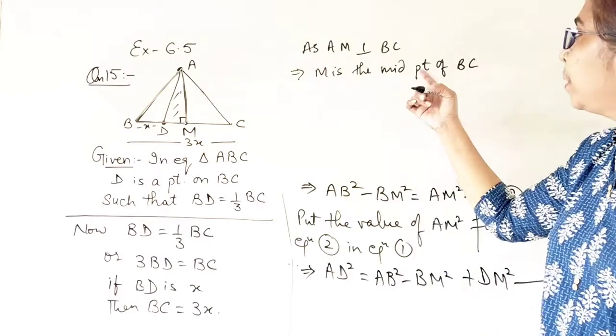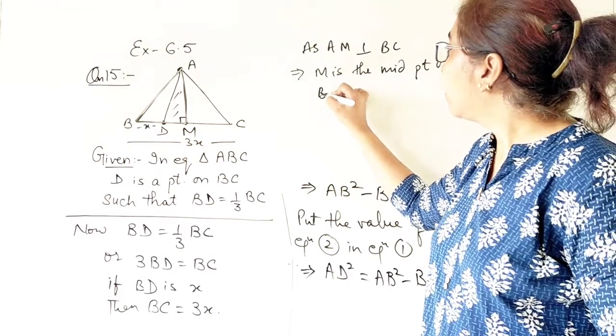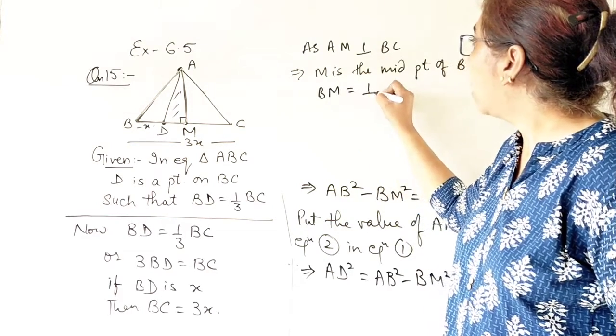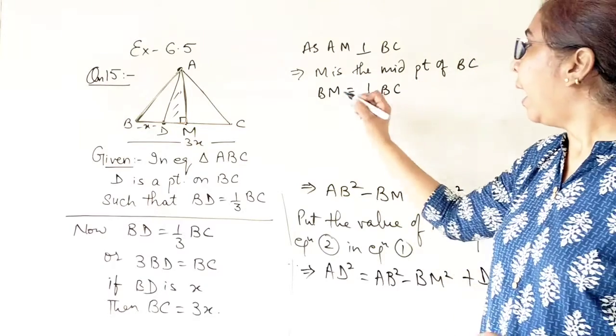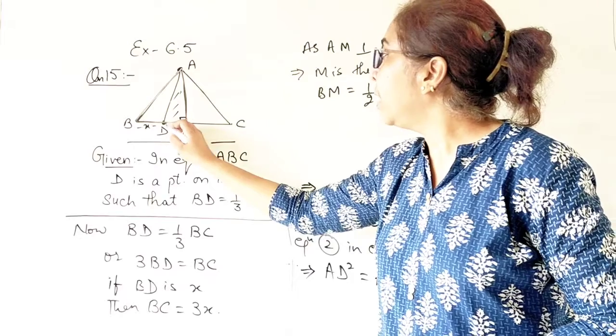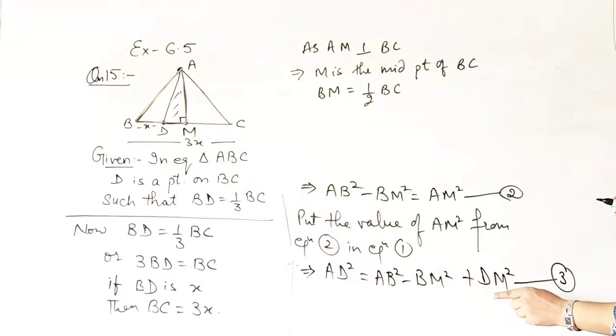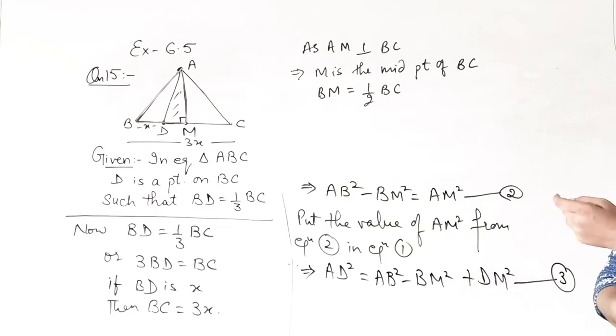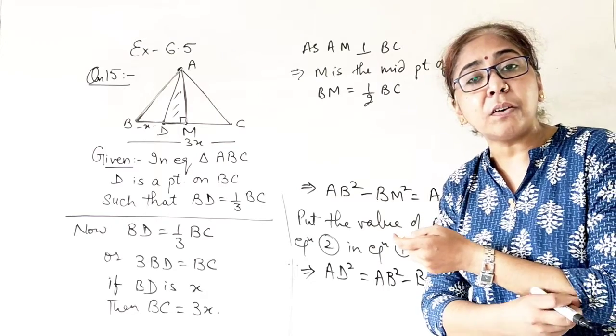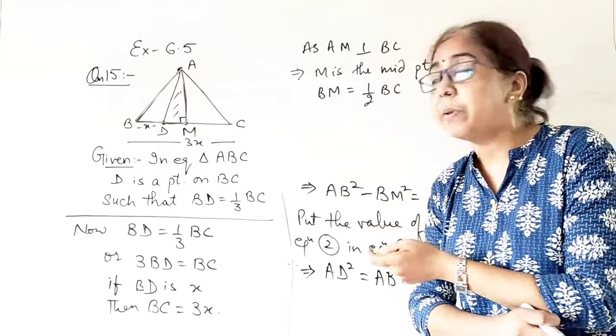And if M is the midpoint of BC, that means BM is half of BC, isn't it? And if I want to get the value of DM, because we want to remove DM and BM, so we want to get the values of DM and BM.